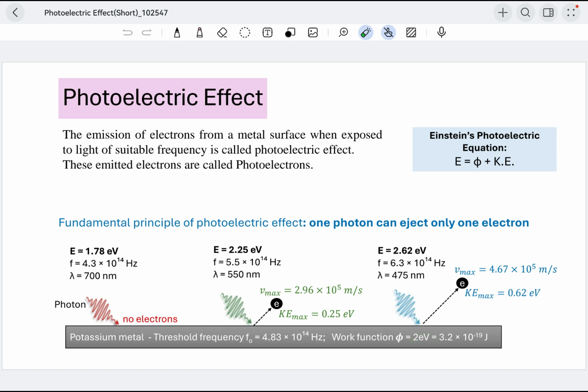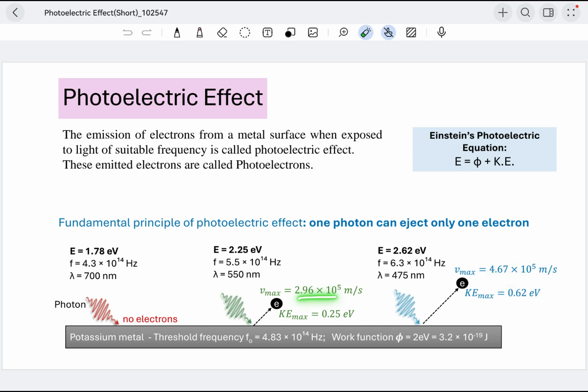Yes, it is able to eject the electron, because the energy of the photon is more than the work function. The remaining extra energy, that is 0.62, remains with the photoelectron in the form of kinetic energy.